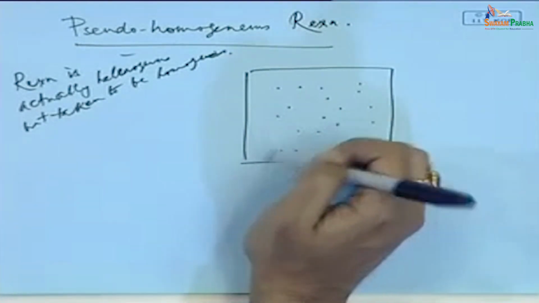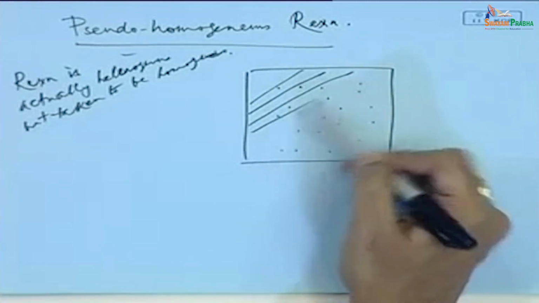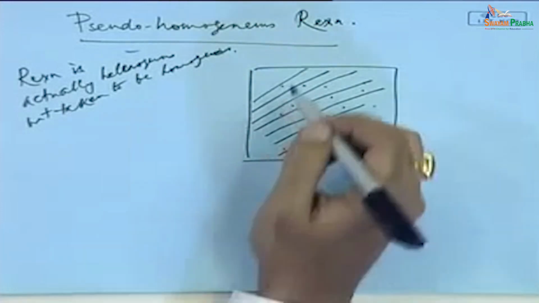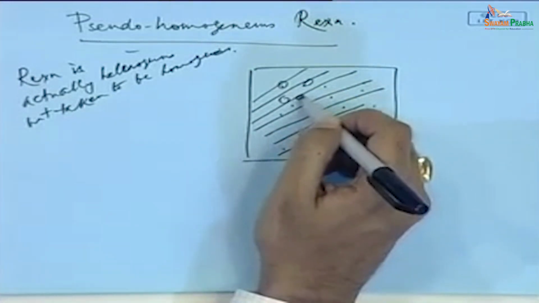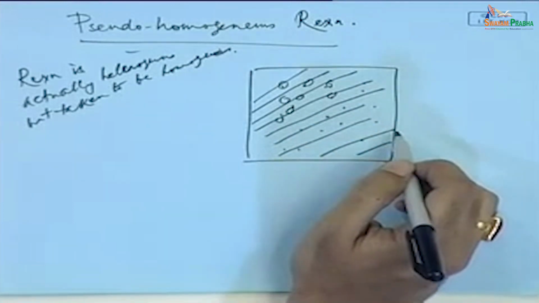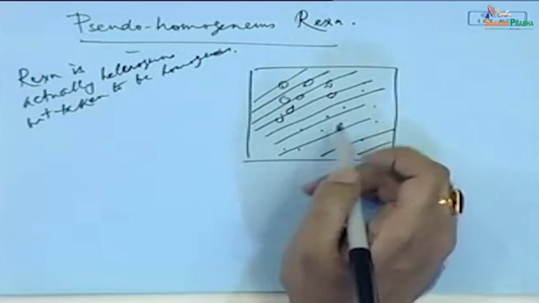So what you do is you come up with a pseudo homogeneous model where you average out the reaction rate. At each point you have a certain reaction rate, but you figure out what is my total reaction rate in the system. What is the average number of pellets? You have say 1000 or 2000 pellets in there. What is the reaction rate for each pellet?